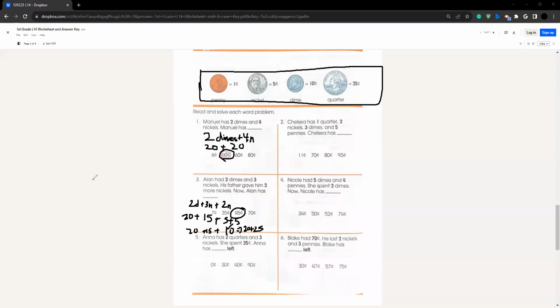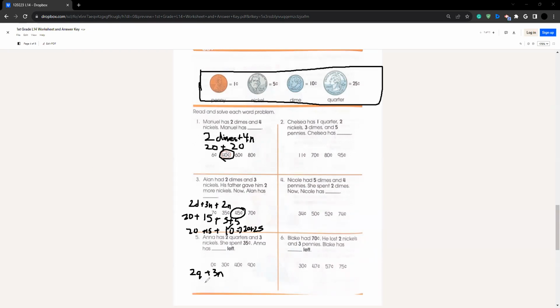All right, last one. Anna has 2 quarters and 3 nickels. She spent 35 cents. Anna has how many cents left? So 2 quarters. I'll put Q for quarters. And 3 nickels. And let's first find out how many she has before she uses 35 cents.